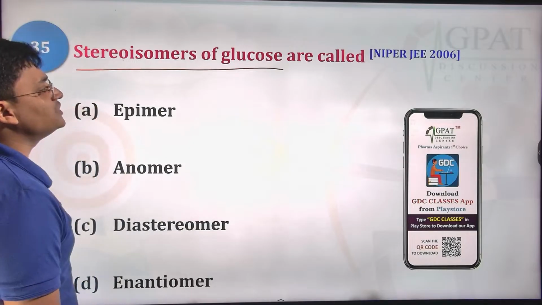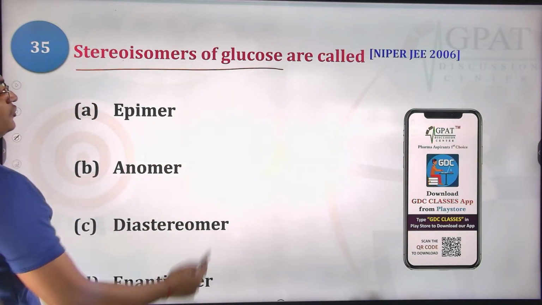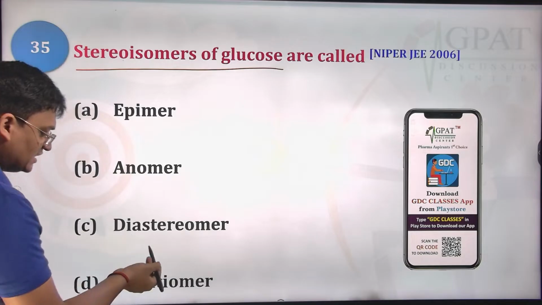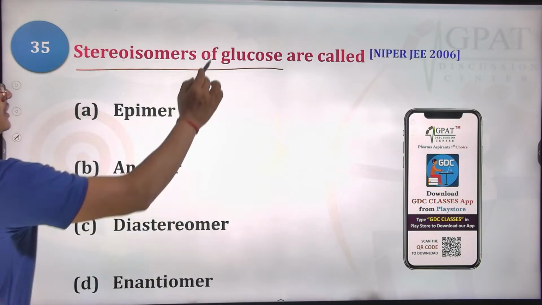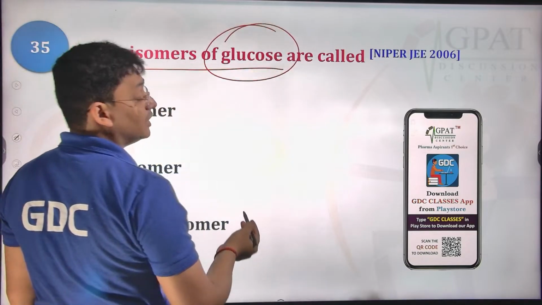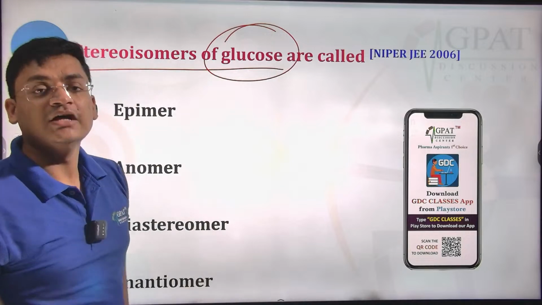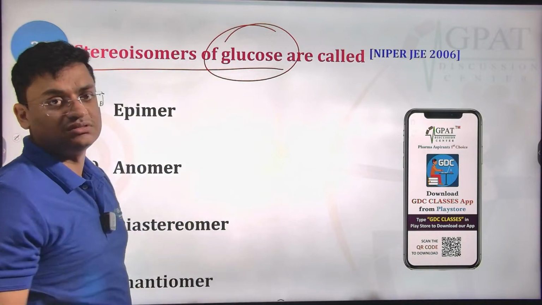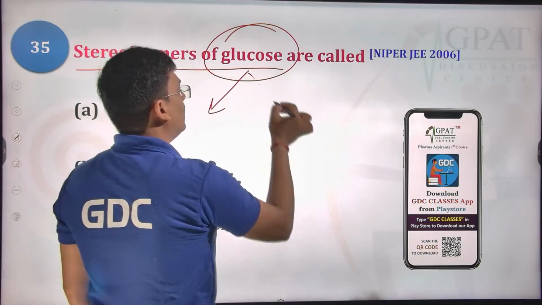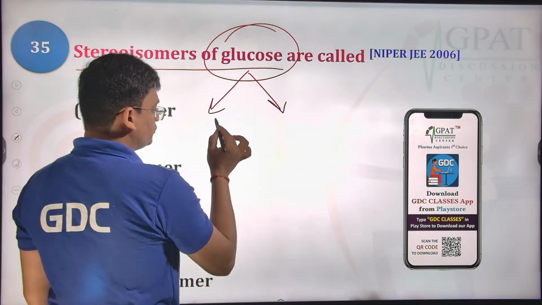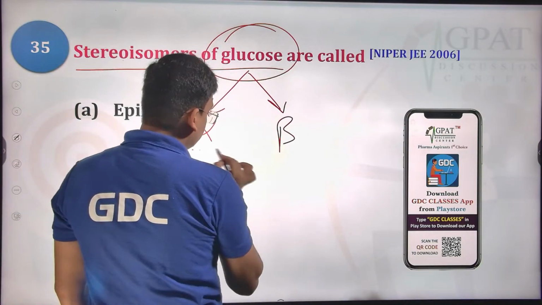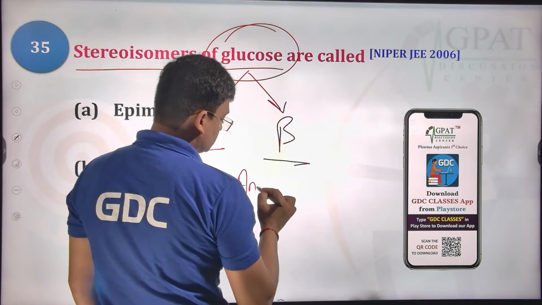Stereoisomers of glucose are called? The options are epimers, anomers, diastereomers or enantiomers. Basically glucose has two kinds of stereoisomers, the alpha form and the beta form, and these alpha and beta forms are anomers.